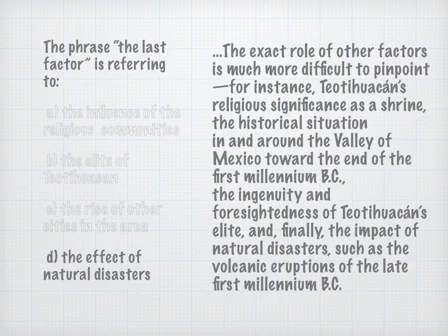We don't have this in any other item in the list. We've got a shrine, it's religiously and historically significant, there's ingenuity and foresightedness of the people that live there, but no other item has this kind of double signpost that we're looking for. And it's also the last item in the list, so we can pretty confidently choose option D.